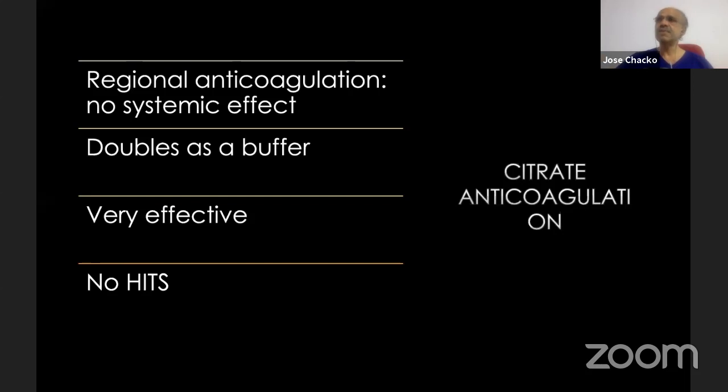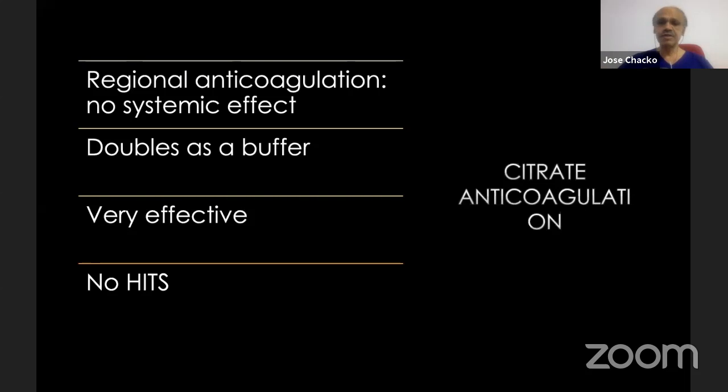It does not pass the anticoagulant effect into the patient because, as we see later on, the anticoagulation effect is reversed by the use of calcium. And this citrate anticoagulant fluid doubles up as a buffer solution as well, because citrate gets converted to bicarbonate in a normally functioning liver. It is highly effective in preserving the filter and prolonging filter life.